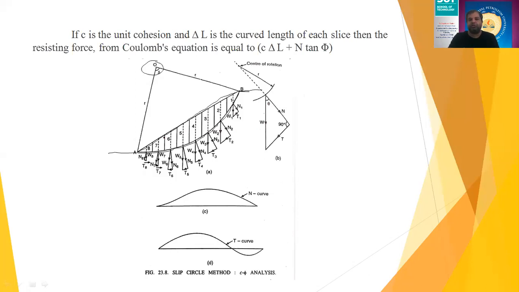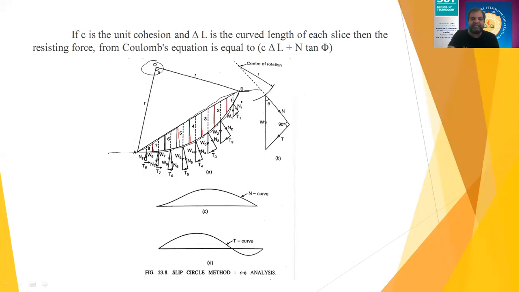Then you need to divide this circle into a number of slices. For example, I have divided this circle into a number of slices with equal spacing. You need to decide the number of slices and spacing yourself. As you take more slices, the accuracy of analysis will be more.